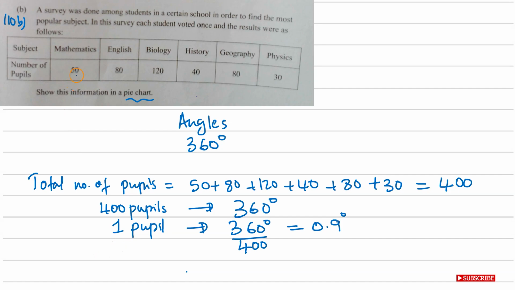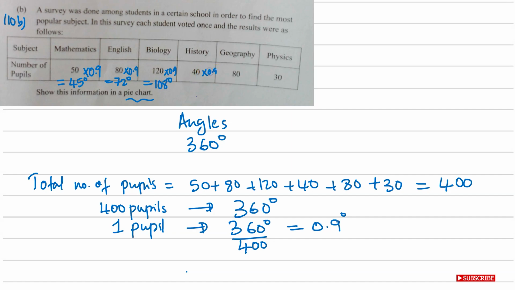Now we know we have 50 for mathematics. So what do we need to do? We need to multiply this by 0.9, and this will give you 45 degrees. And the next one, similarly, 80 times 0.9, and this will give you 72 degrees. Again, times 0.9, and this will give you 108 degrees.